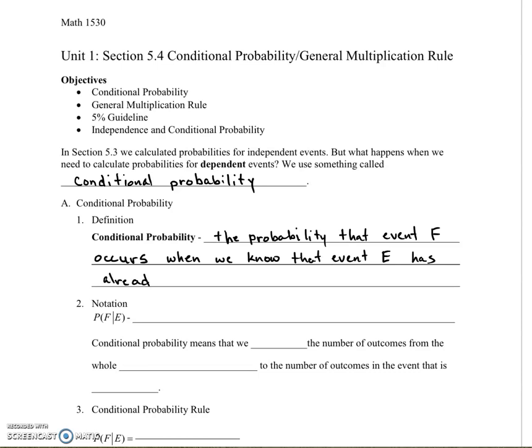And remember, dependent events means the outcome of one trial affects the outcome of additional trials.